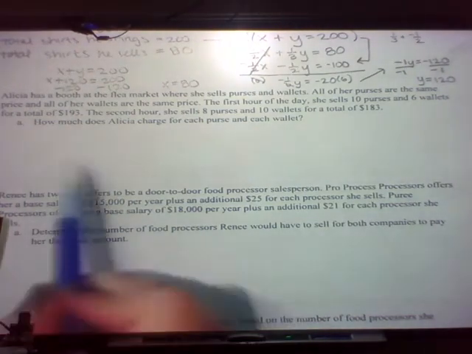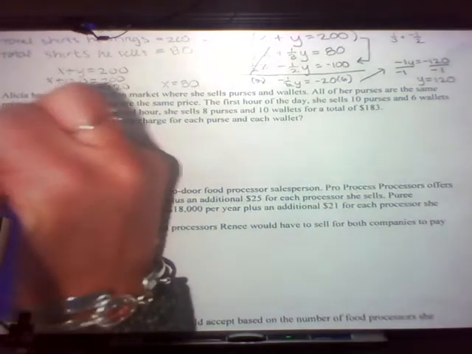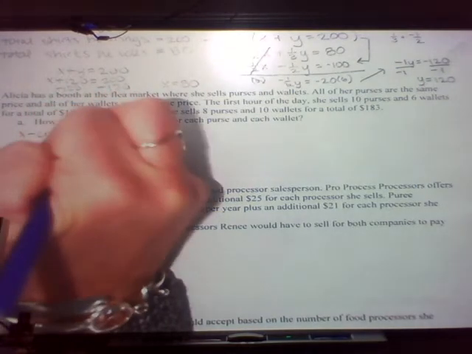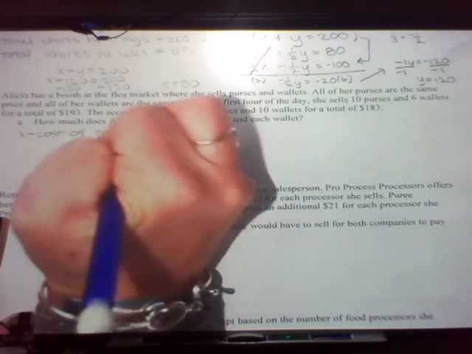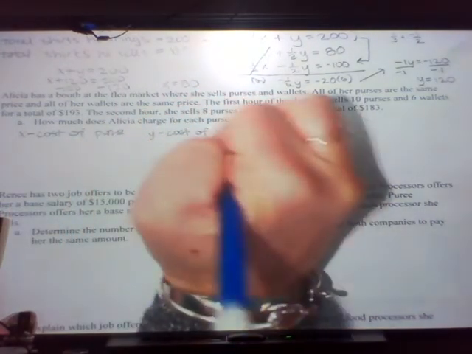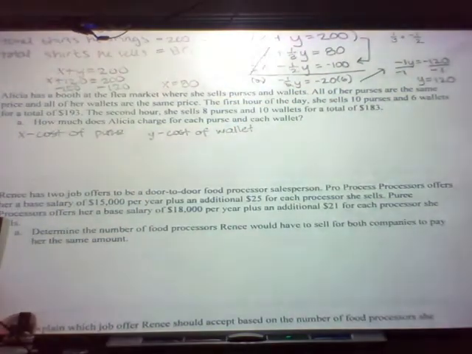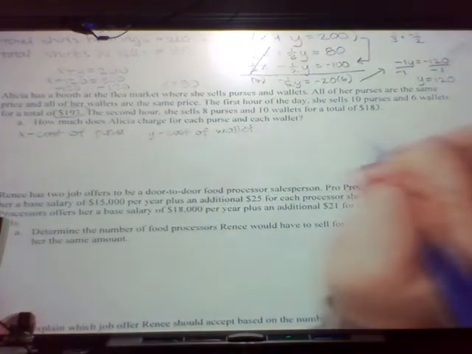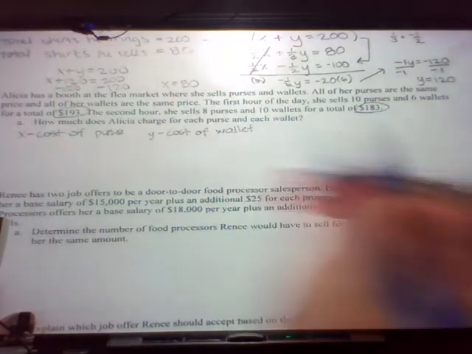So again, here's our question. We're asked how much for each purse and each wallet. So we're going to make x cost of purse, so we're looking for money, and y cost of wallet. So now we're going to look to see, are there totals here? So I have 2 totals. I have 193 as a total and 183. So it looks like the difference between the totals is that this is in the first hour and this is in the second hour.